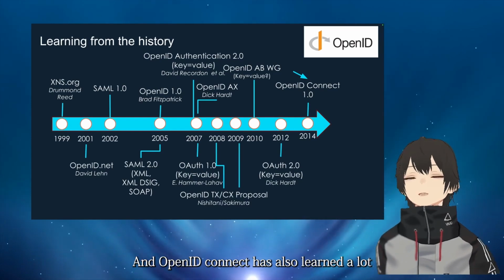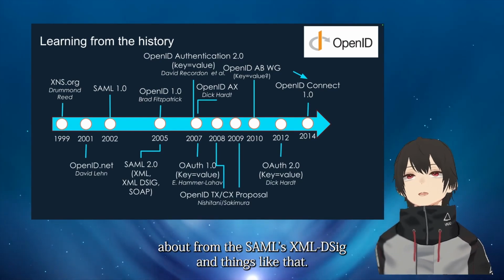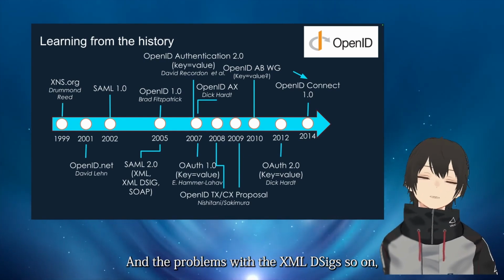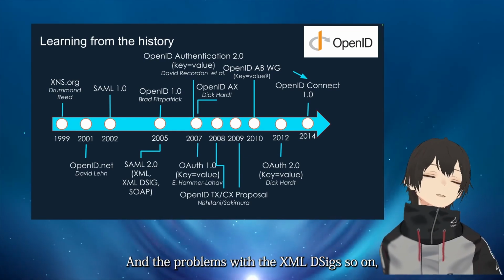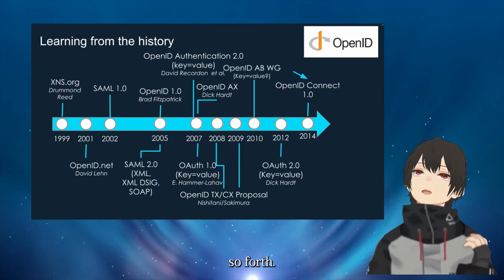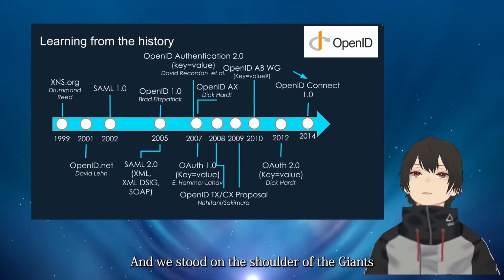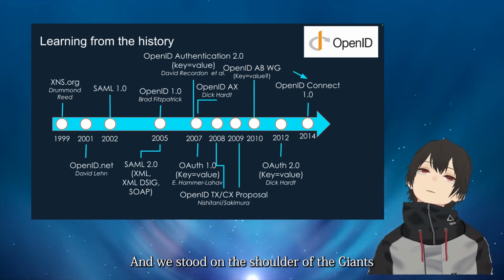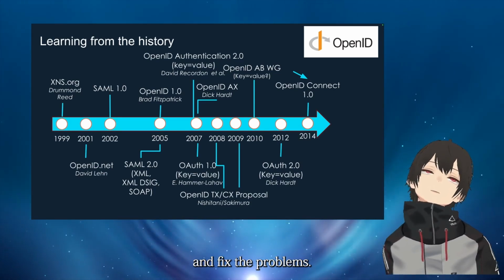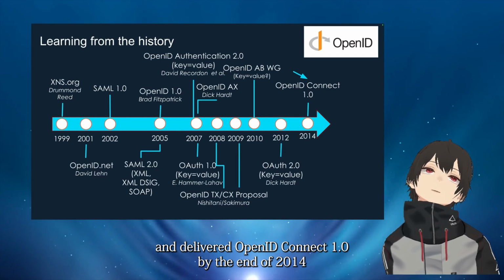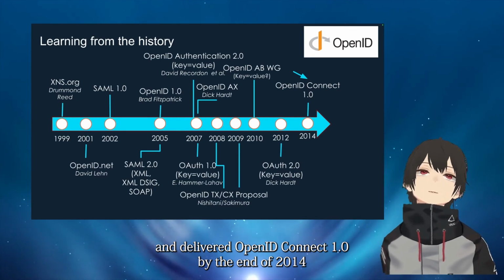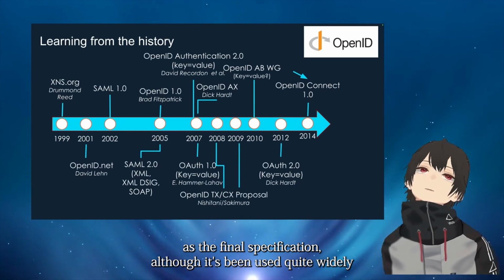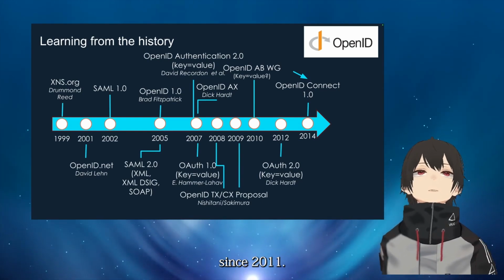And OpenID Connect has also learned a lot from SAML, XML-DSIG, and the problems with XML-DSIG and so on and so forth. And we stood on the shoulders of giants and fixed the problems and delivered OpenID Connect 1.0 by the end of 2014 as the final specification, although it's been used quite widely since 2011.